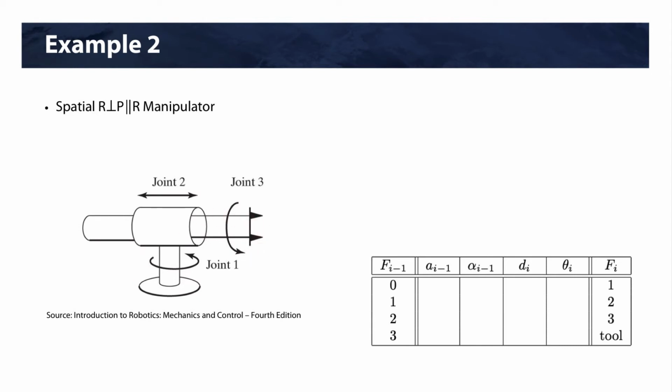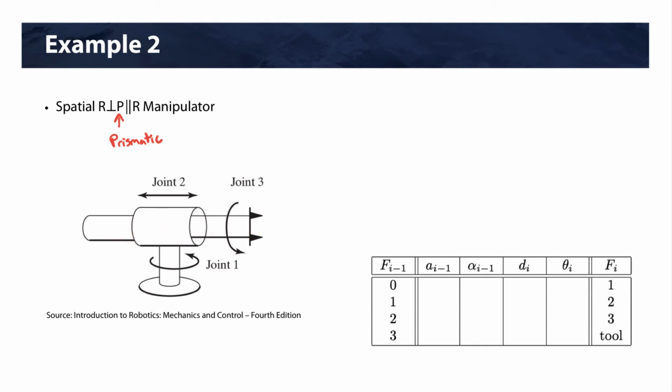So this robot is a spatial manipulator. There's a revolute joint, joint 1, that is perpendicular to a prismatic joint. Let's make a note that P means prismatic. That prismatic joint translates in and out here.